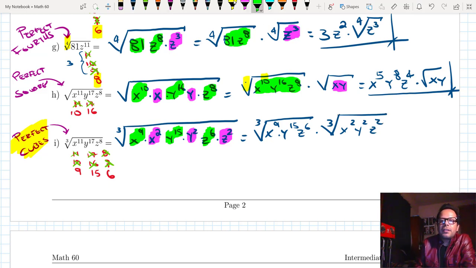The first ones we can evaluate, highlight them with green, and highlight with purple the ones that we cannot simplify.